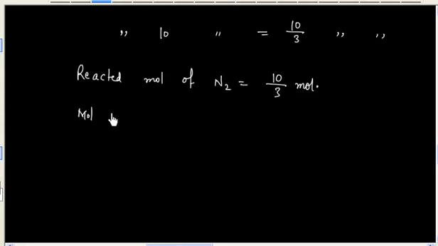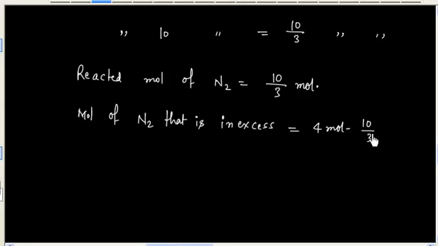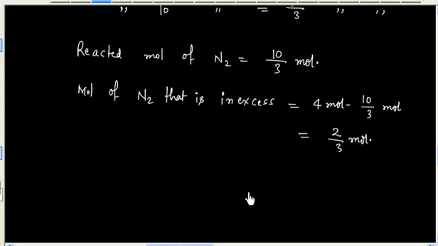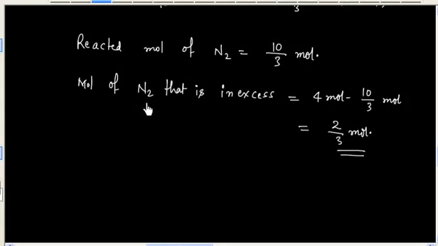So we can calculate mole of nitrogen that is in excess, that is initial mole minus reacted mole. So we will have 2 by 3 mole. So this is mole of nitrogen that is in excess.